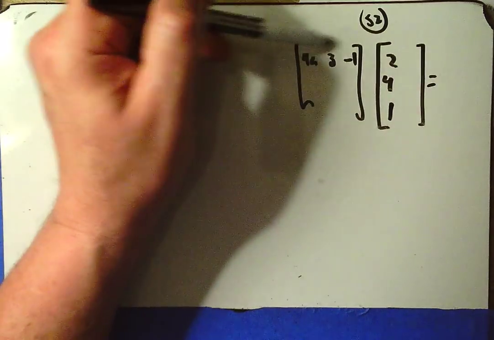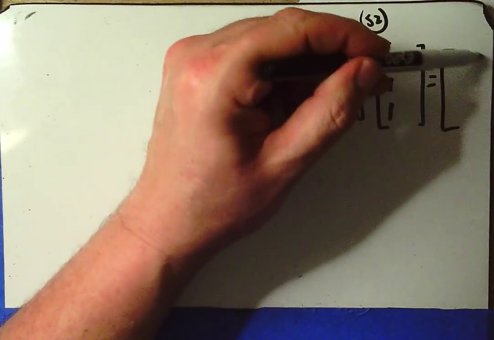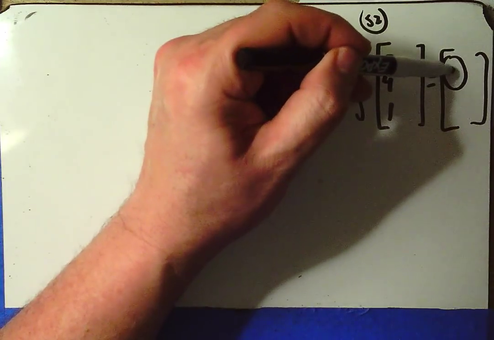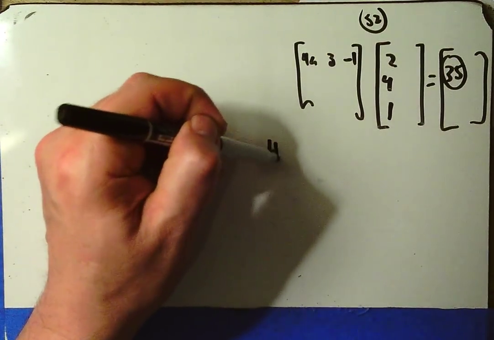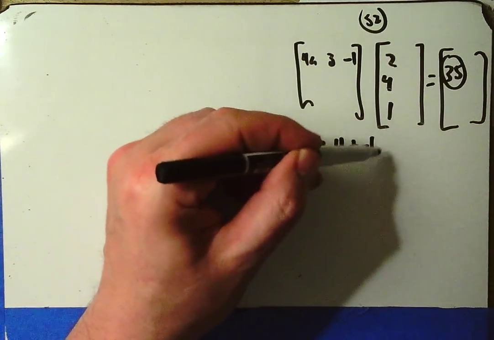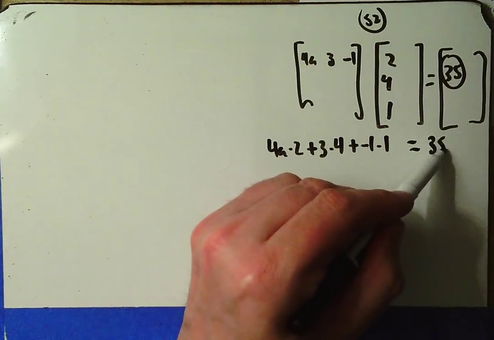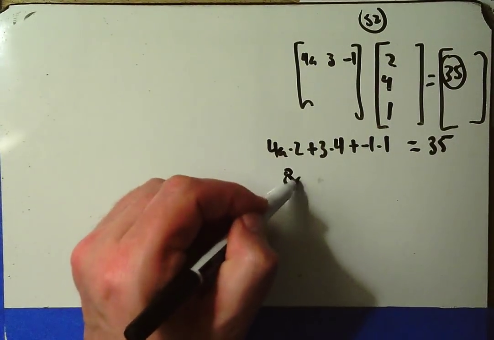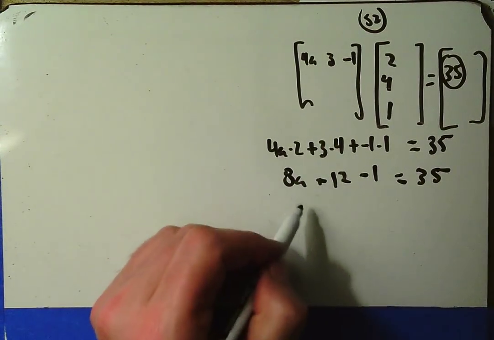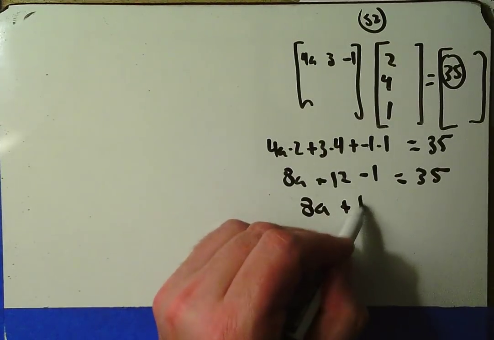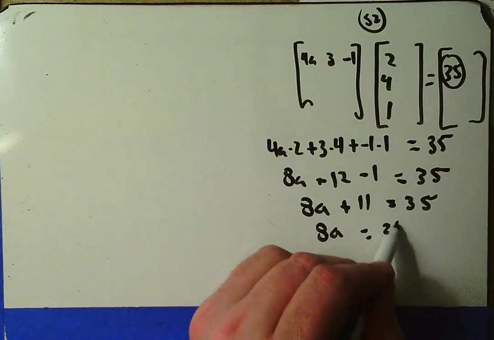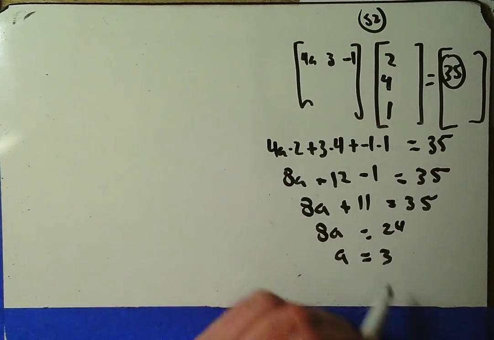and that top row, first column, would fill in this box in the top row, the first column, or 35. And so I see that 4a times 2 plus 3 times 4 plus negative 1 times 1 should equal 35. 8a plus 12 minus 1 equals 35. 8a plus 11 equals 35. 8a equals 24, and so a equals 3.